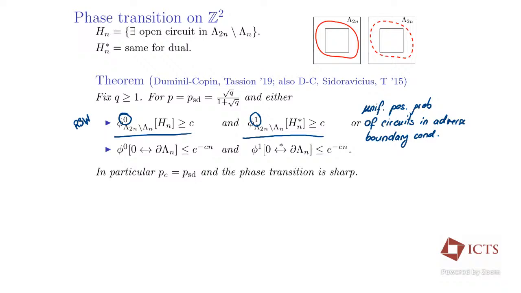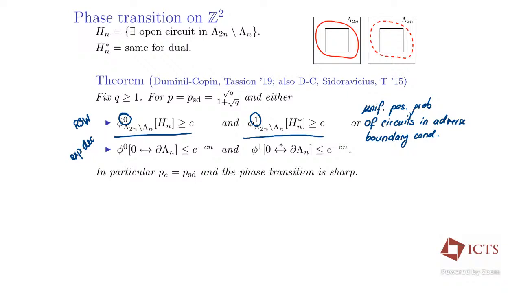And it's really essential that you work with these adverse boundary conditions. And if you don't have this at the self-dual point, then you're going to have the boundary conditions completely determine how you behave. And you have this kind of regime of exponential decay in adverse boundary conditions.